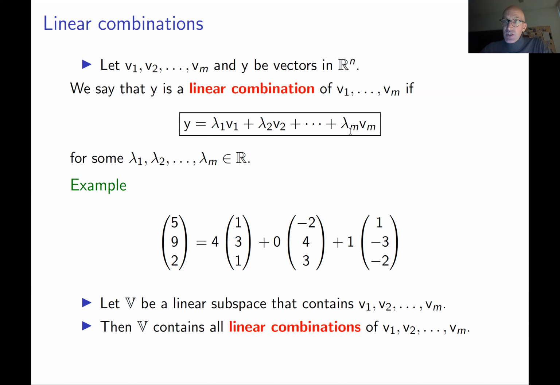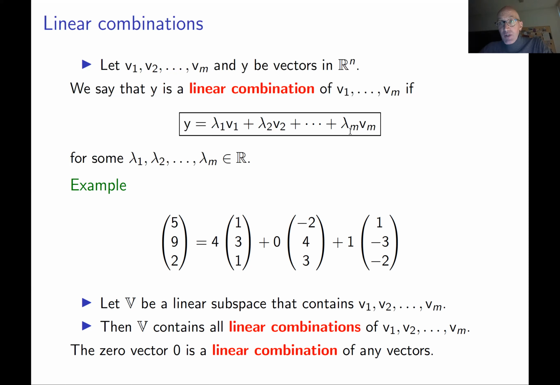So again, you can just use it as a slogan. If a linear subspace contains any number of vectors, then all of their linear combinations are also contained in our linear subspace. This is a very handy and useful observation, or maybe remark, that the zero vector is a linear combination of any vectors.